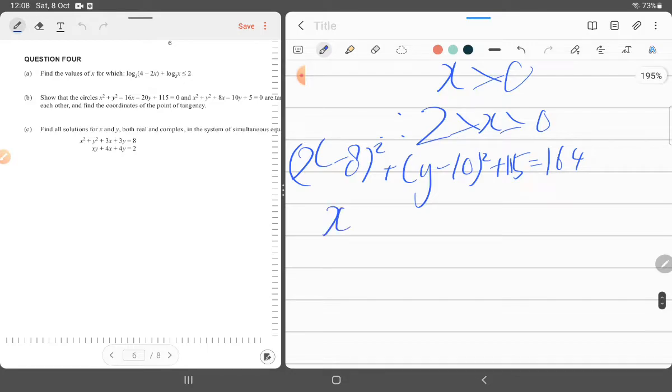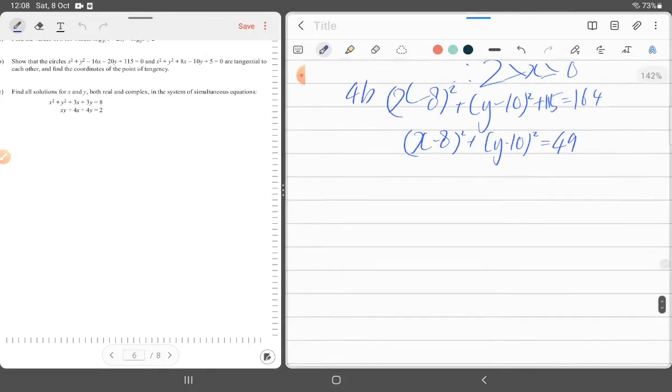So x take away 8 all squared plus y take away 10 all squared is equal to, is that 49? Yeah, 49.